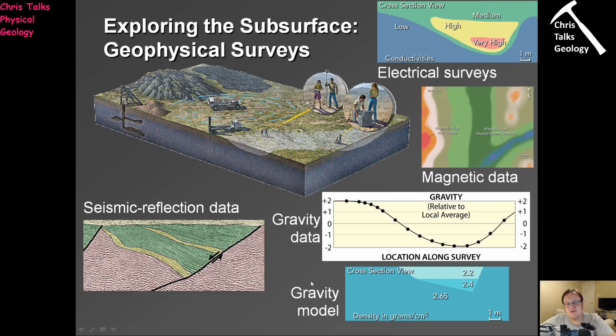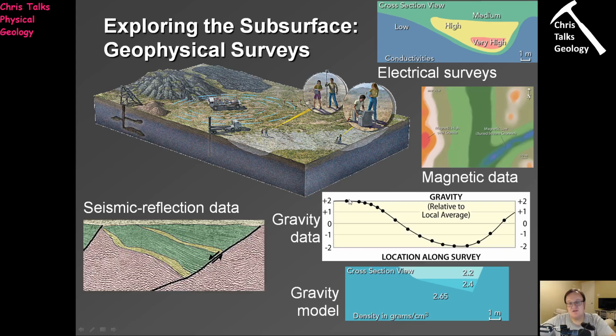Now, once again, going back to gravity. Gravity will actually vary across the surface of the Earth. So different rocks will essentially increase or decrease the gravitational field of the Earth. We can see we have exactly the same situation that we have up here. We have an area where we have a positive gravity value.